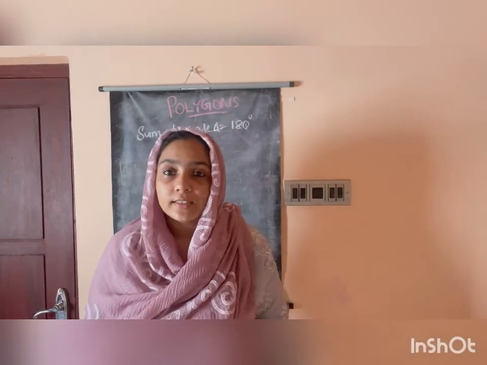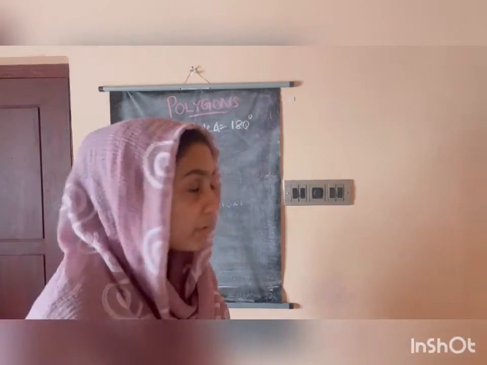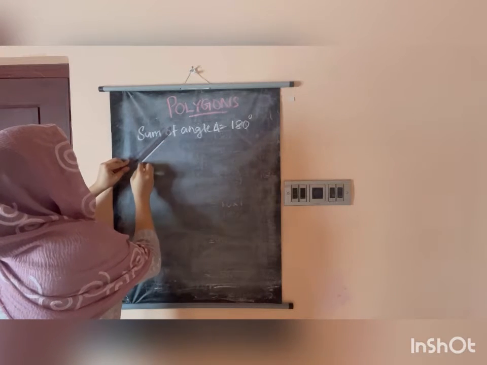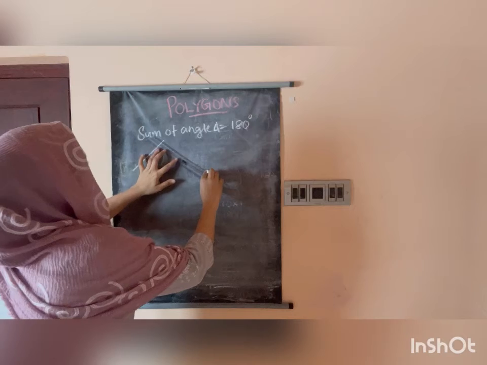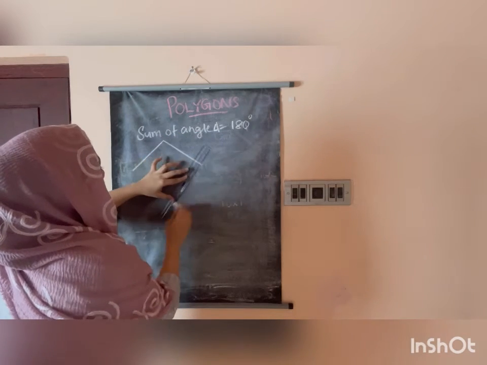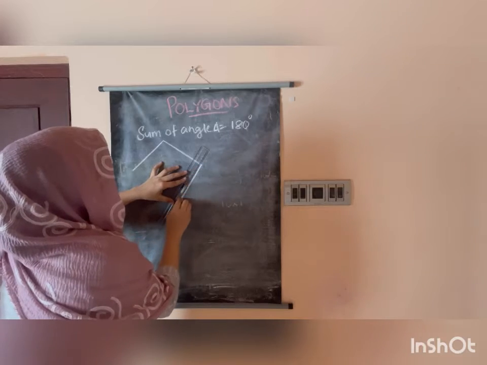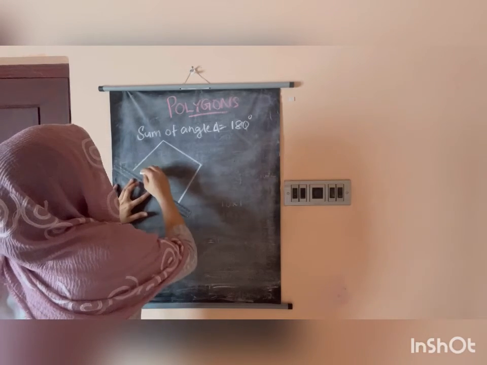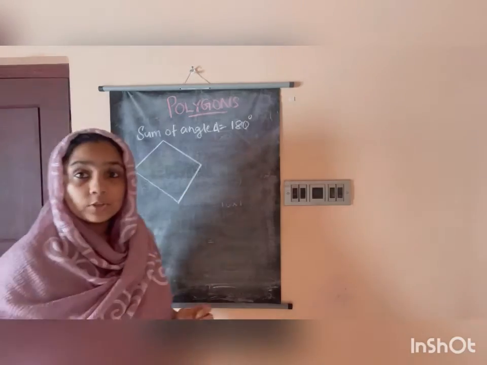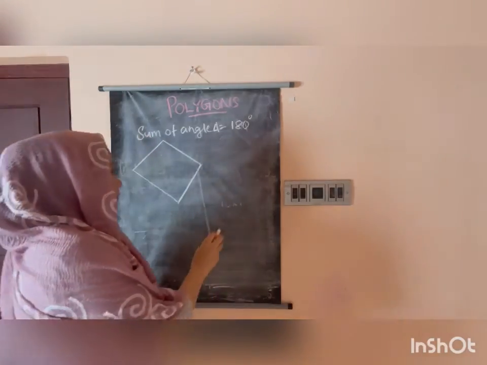First of all, we can discuss the sum of angles of a quadrilateral. How will we find it? I will draw a figure for you. This is our quadrilateral. A quadrilateral has four sides, four angles, and also four vertices.